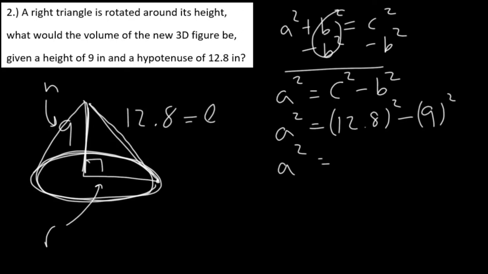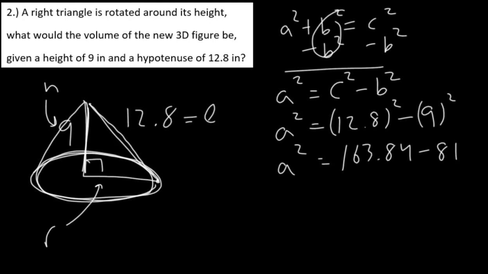Well, let's see what this gives us. So 12.8 squared is really 12.8 times 12.8, which is 163.84 minus, and you should know this one pretty commonly, 9 squared would be 81.